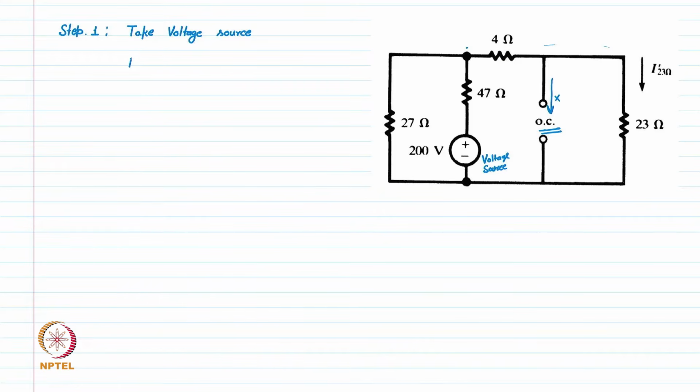We can first calculate the R equivalent, that will be 47 plus this 27 and this 23 in parallel, and this 4 ohm is already in series with 23. So 27 is in parallel with 4 plus 23.